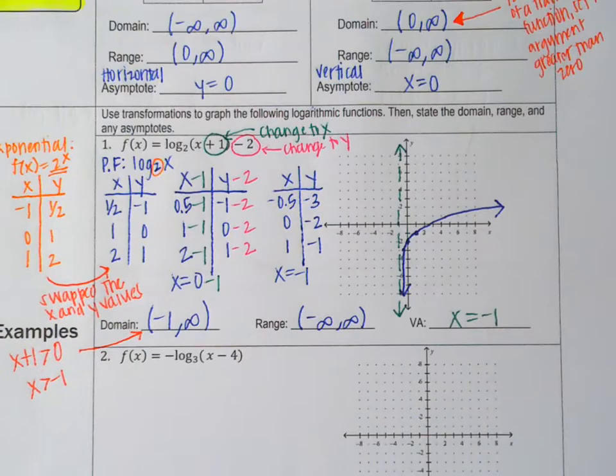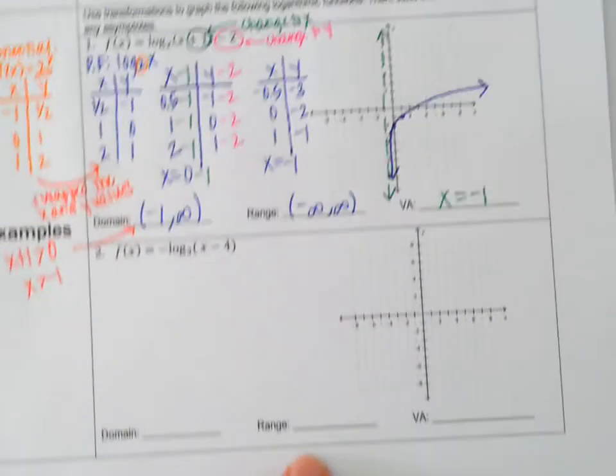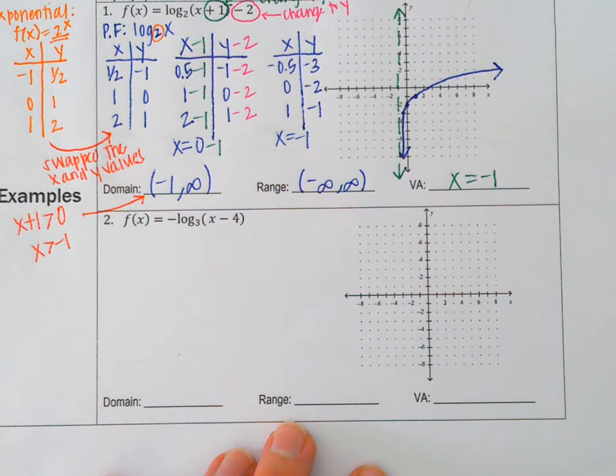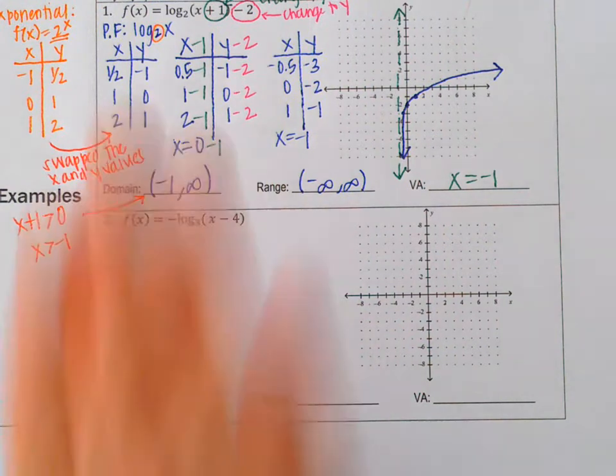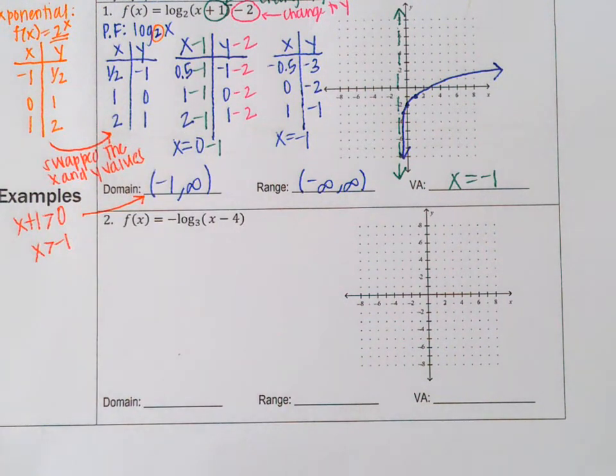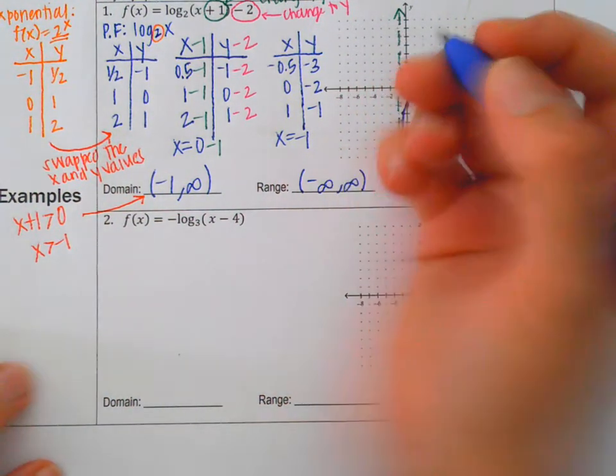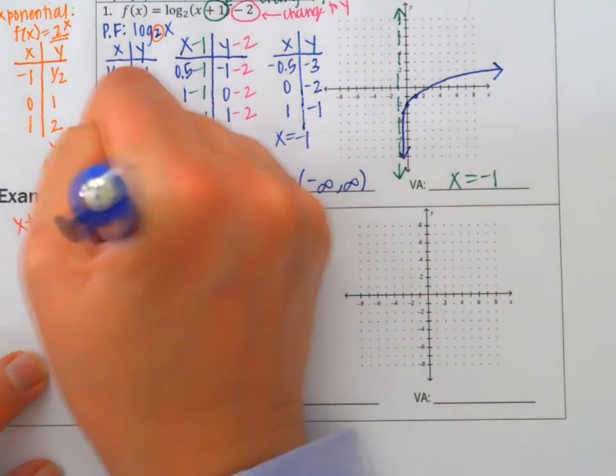Okay, so let's look at 2. What I would like you guys to do is look first at 2 and figure out what my parent function table is, and write that out. So pause me here, think about your parent function table, and write that out. So you should be coming back. You should have thought, okay, my parent function is just the simplest form.